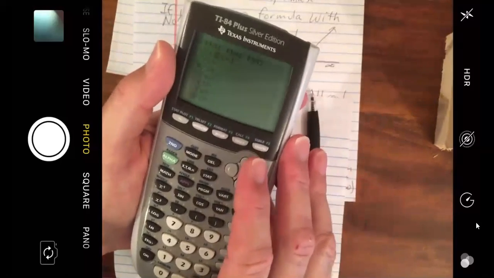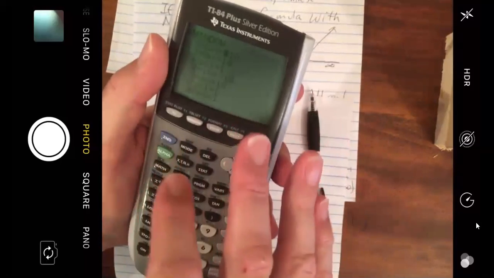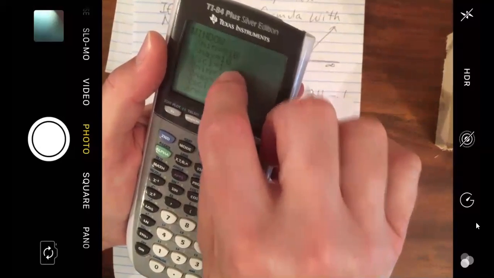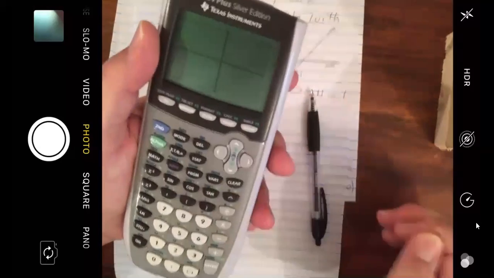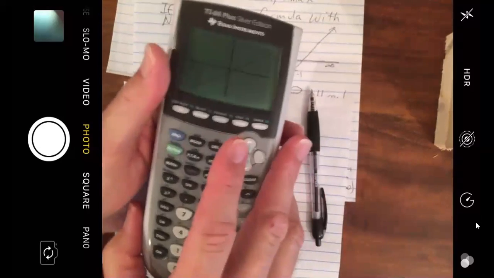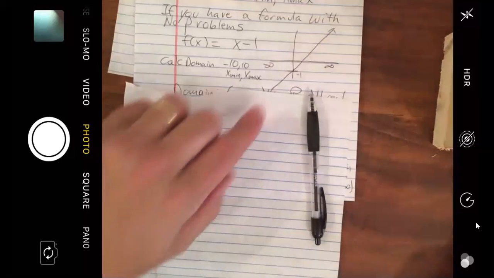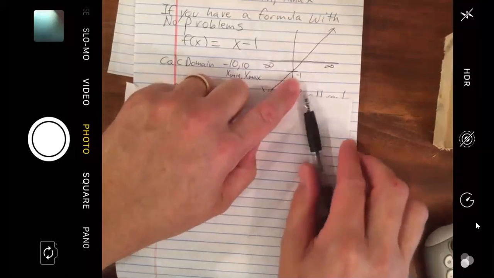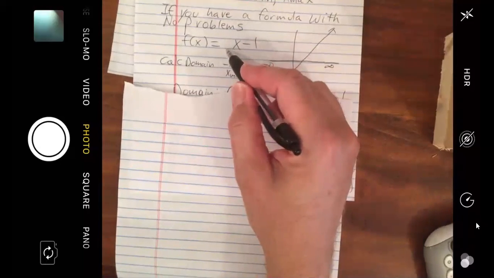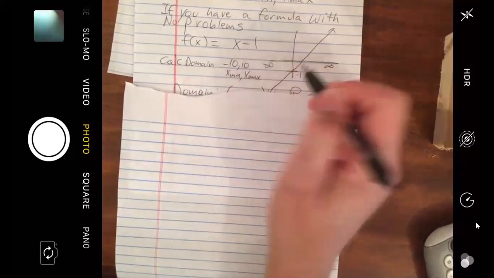Okay, so you enter the formula, go to the window. First two keys are your calculator domain. Graph. And you get a nice straight line. Goes through a y-intercept of -1. Remember mx plus b. M would be 1 here, the slope, and this would be the y-intercept.